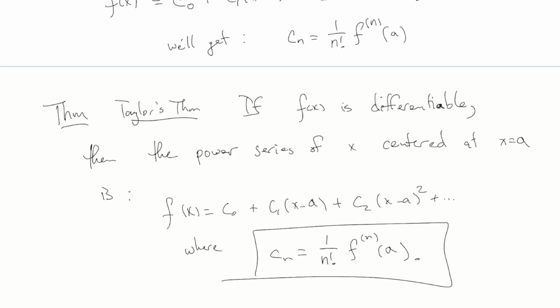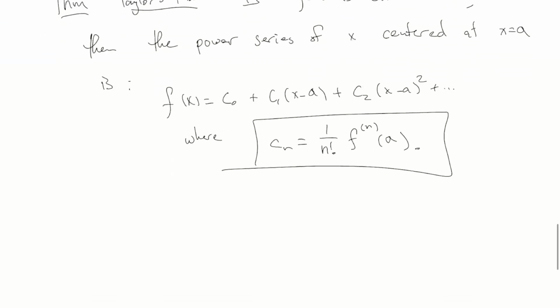And this is really the important part of the theorem. It tells you how to find the constants in the Taylor series, how to find these coefficients in this power series. And when you are finding these coefficients in this way, this power series is called the Taylor series. So the series that you get by taking these derivatives is called the Taylor series.